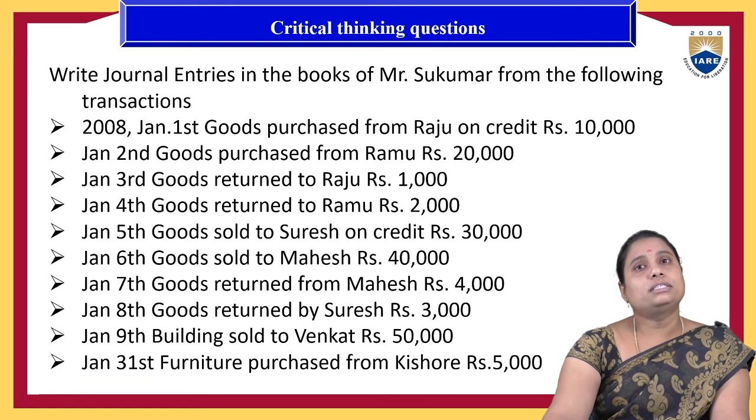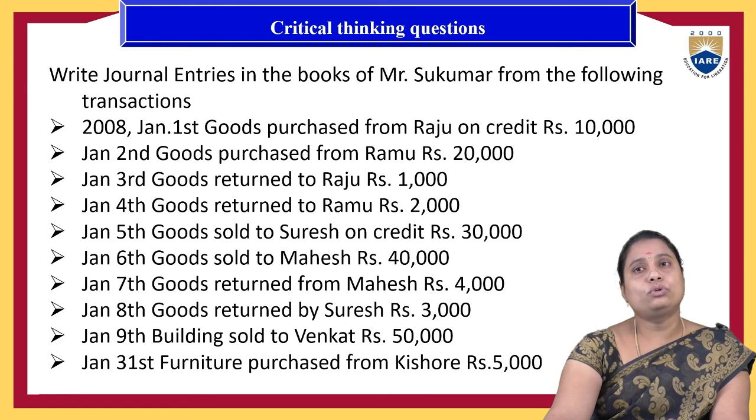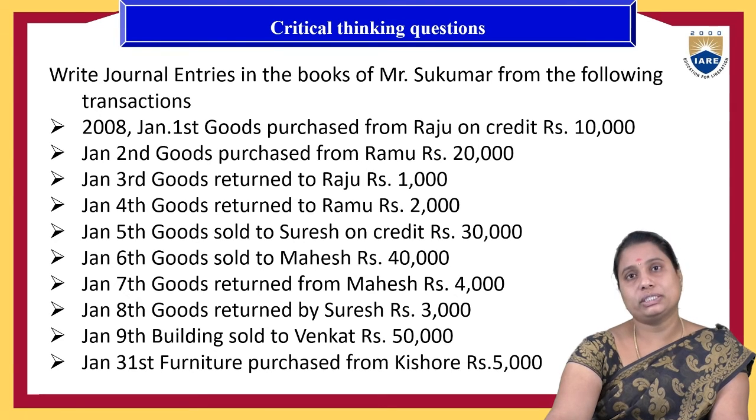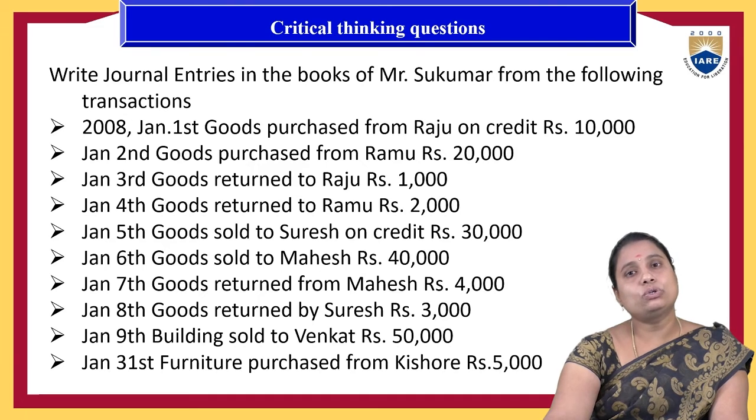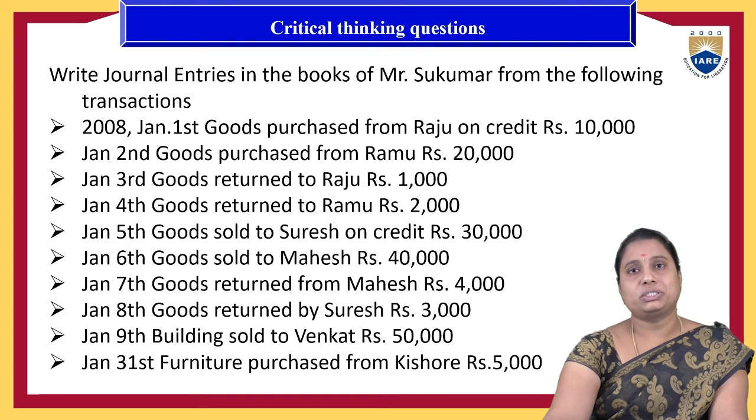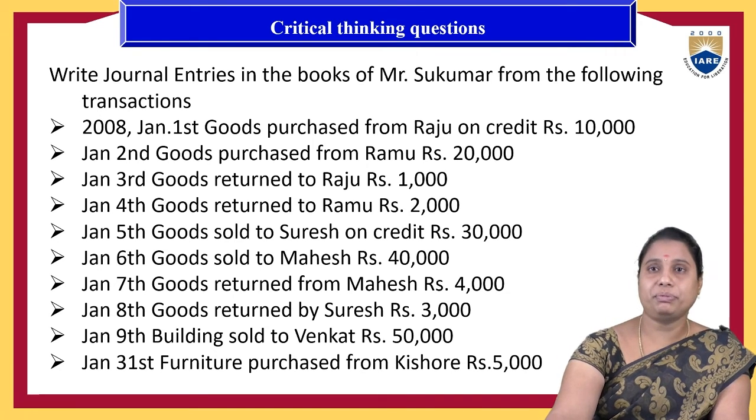And the next one is goods purchased from Ramu 20,000. So they have not given anything means we will take the cash into consideration. So purchases account and cash account. Purchases account debit to cash account we will take. And goods returned to Raju means we have to take here Raju account debit to purchases account, and goods returned to Ramu means cash account we have taken previously.